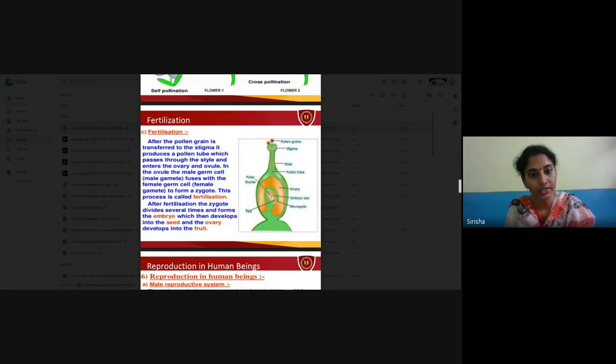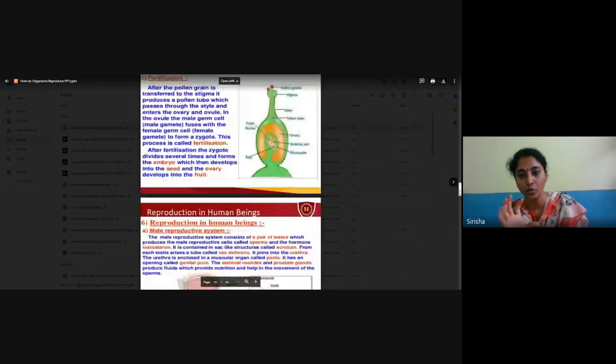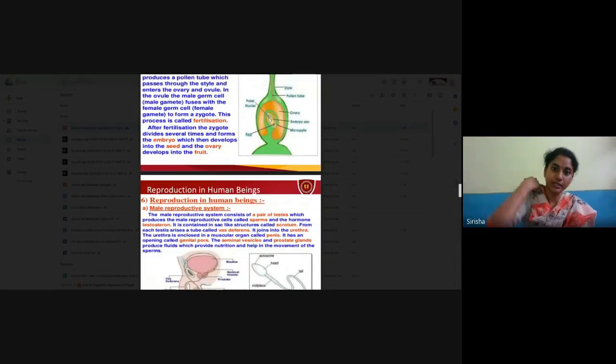After fertilization, the zygote divides several times and forms the embryo, which then develops into the seed, and the ovary develops into fruit. See, this outer part develops into fruit, whereas the seeds, the embryo, which is there in the embryo sac, develop from the embryo.